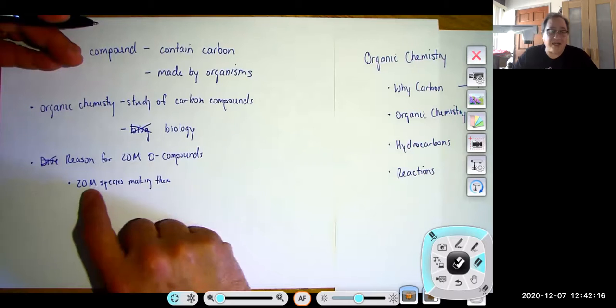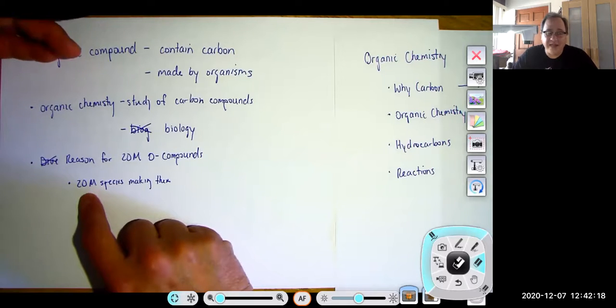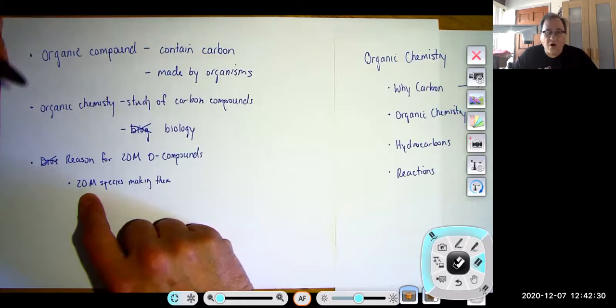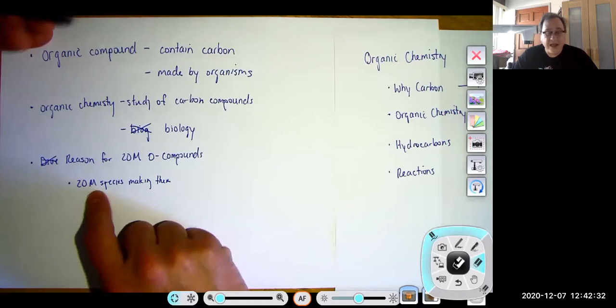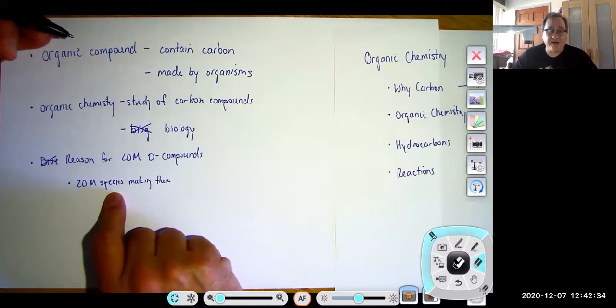And the answer is that a lot of the organic compounds in any species are the same as the organic compounds in another species. All vertebrates use ATP. That's an organic compound. And they use ATP to make ADP. All vertebrates have those two same organic compounds.